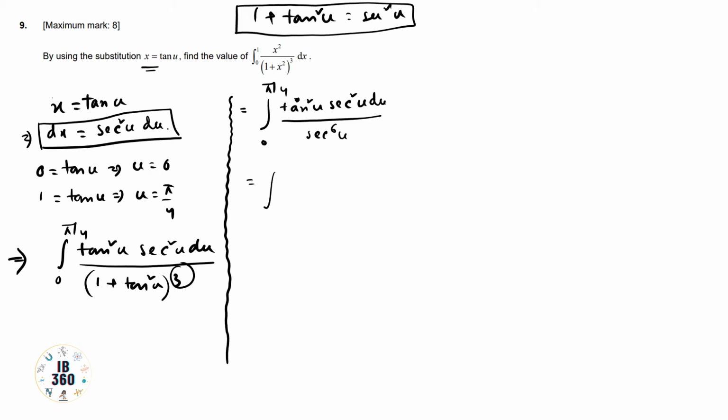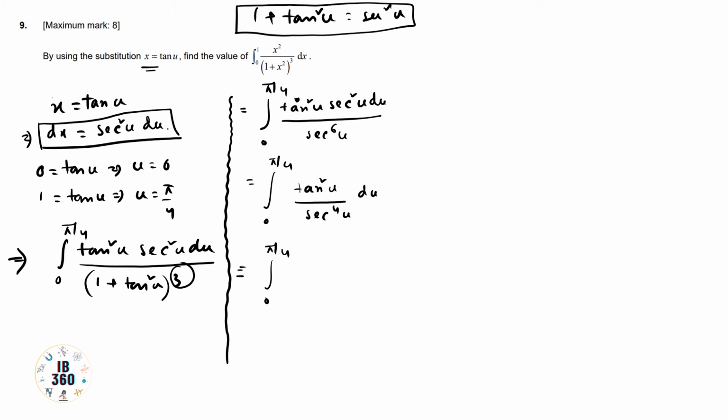So we are getting 0 to pi by 4 tan square u, here sec square u and sec to the power 6u, so this is basically sec to the power 4u du. Now we have to simplify this also. If we simplify this, we get 0 to pi by 4 tan square u and sec square u.